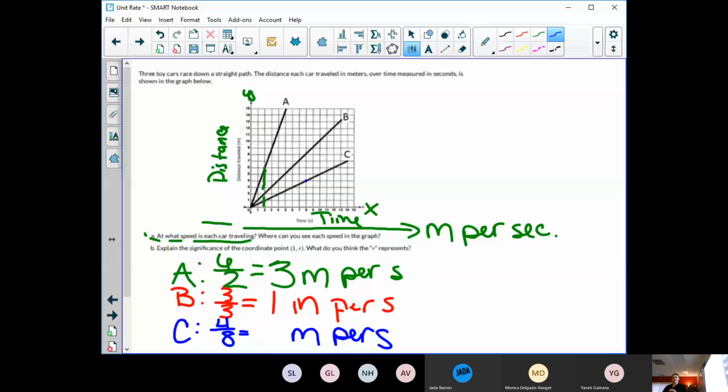How many meters per second? 4 divided by 8. Check that again. Remember, we're doing 4 divided by 8.